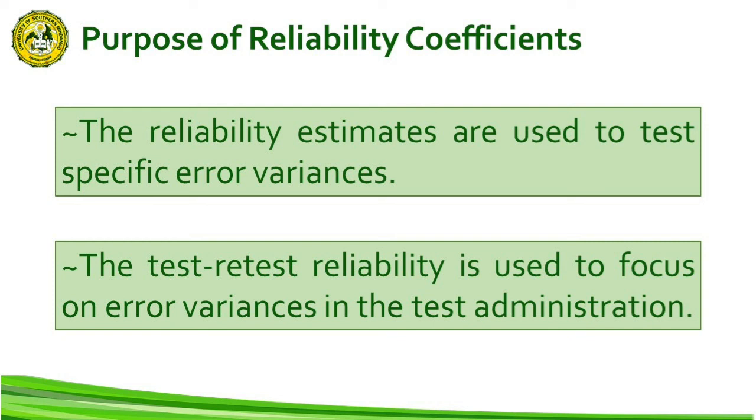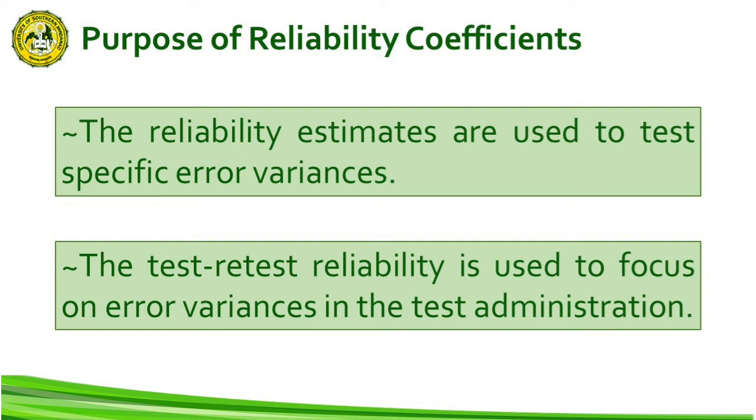Hindi test construction, kasi yung test administration, nakafocus siya doon sa pag-administer talaga, yung the way how the test is administered. Ano yung mga factors na naka-affect sa'yo nung nag-take ka ng test. Hindi siya nakafocus sa, for example, other error variances like test construction, etc. Hindi siya nakafocus doon kasi yung test construction is yung error variance na sa test mismo, yung construction of questions, yung ganon.